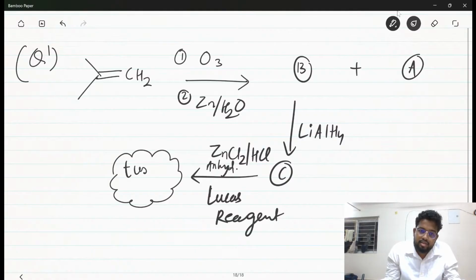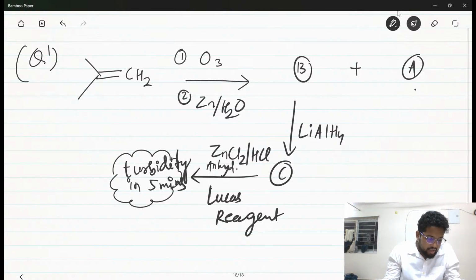Turbidity in 5 minutes means which alcohol? 2 degree alcohol.